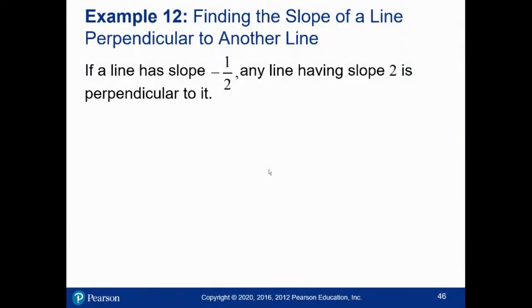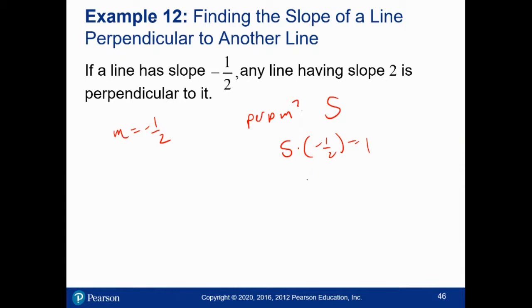So, suppose a line has slope minus 1/2. What is the perpendicular slope? Well, let's call it S, the perpendicular slope. Then S times negative 1/2 would have to equal negative 1.